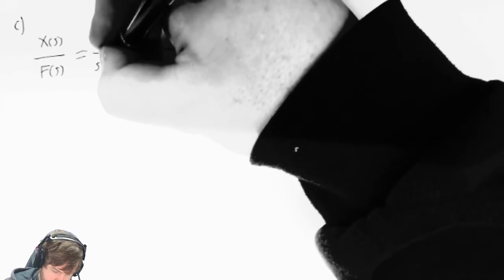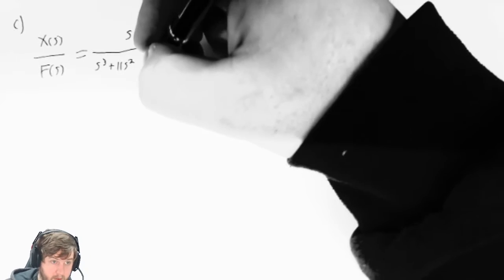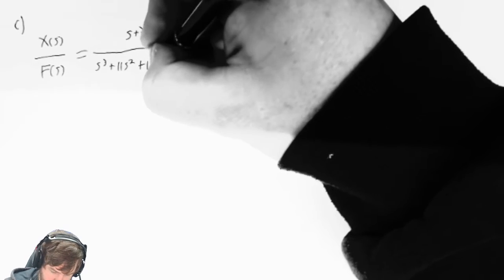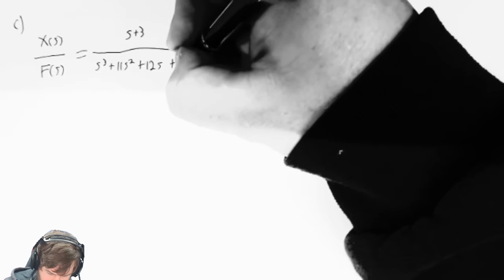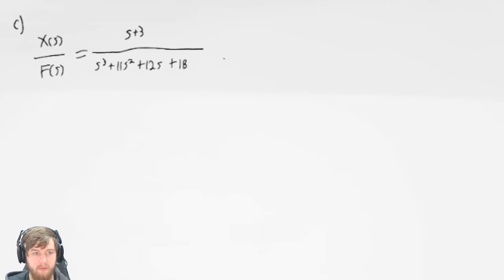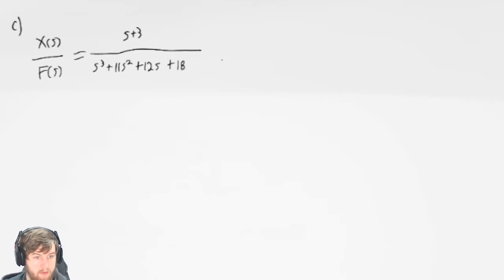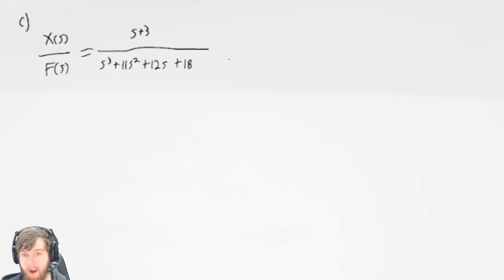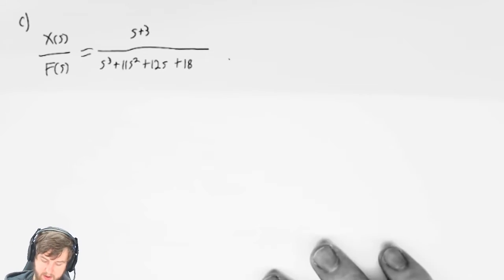But we have x of s over f of s is equal to s plus 3 over s cubed plus 11s squared plus 12s plus 18. So a little bit more complicated, but not that much more complicated, because we can still do the same thing and multiply everything out, right?